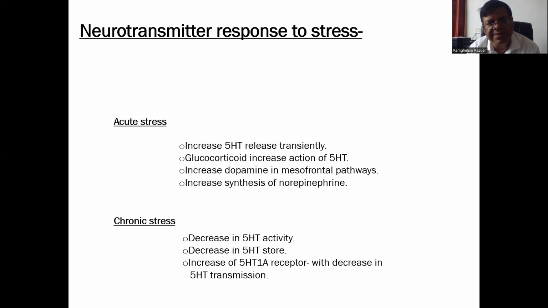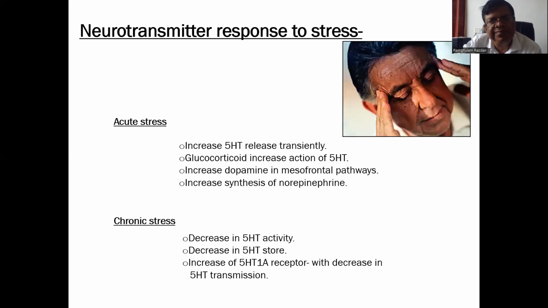Chronic stress leads to a decrement of 5-HT in the brain, a decrement of 5-HT stores in the brain, and an increase of 5-HT1A receptors with a decrease in 5-HT transmission.